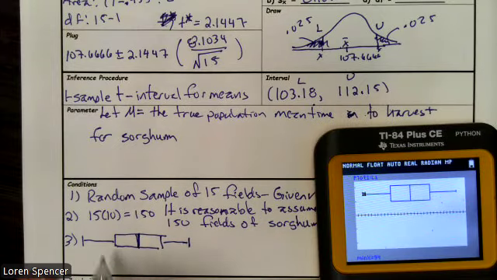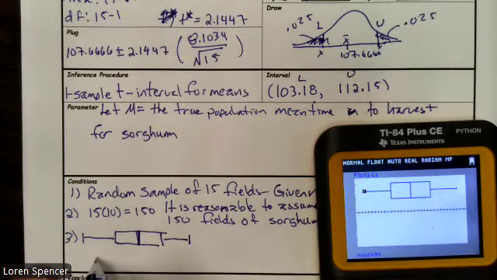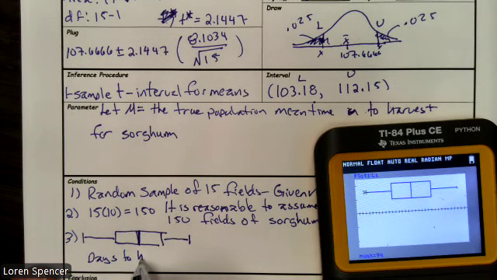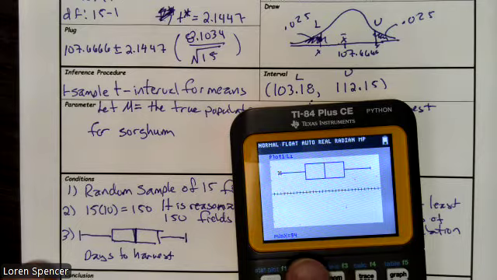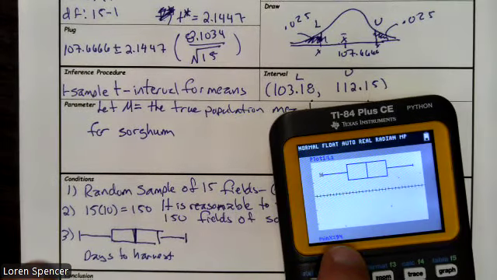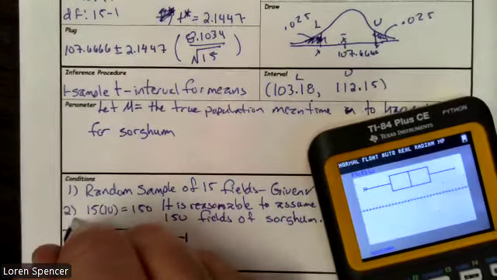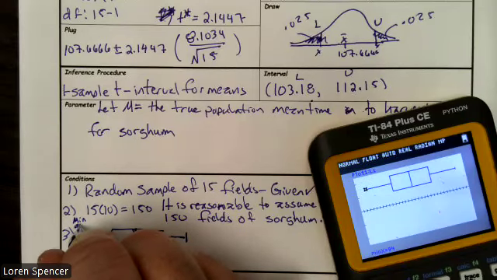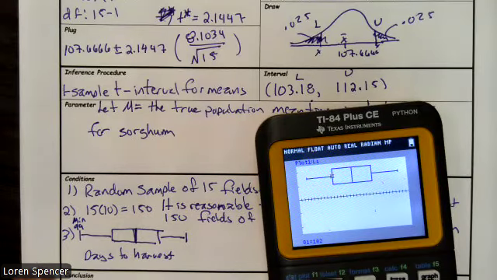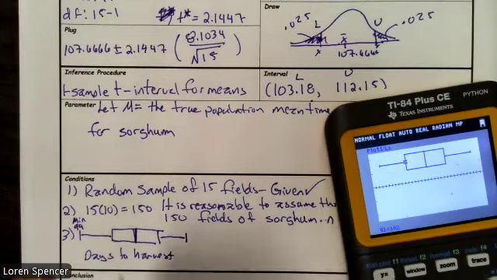And days to harvest is what our title is going to be. And I either have to put a scale on it or I have to label these things. So I'm going to use the trace feature and I find out that my minimum is 94. Min 94. Q1, 102.